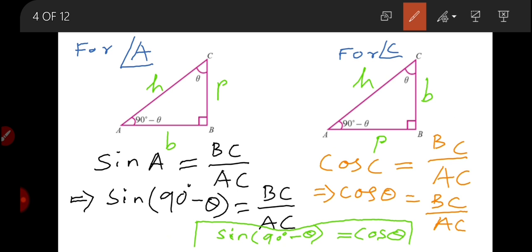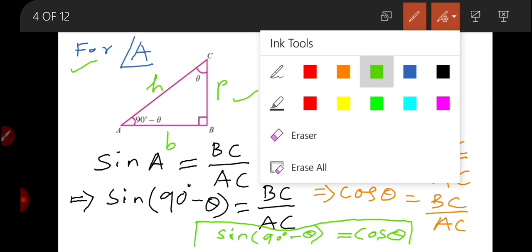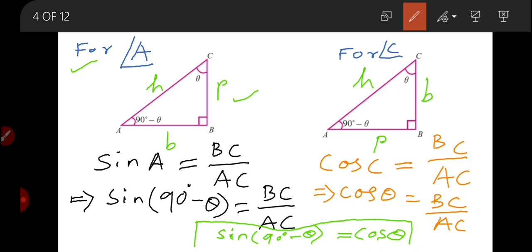So, here two triangles are there, but it is the same triangle. When we take angle A as the reference angle, then in this triangle ABC, BC is your perpendicular, AB is your base, and AC is your hypotenuse.